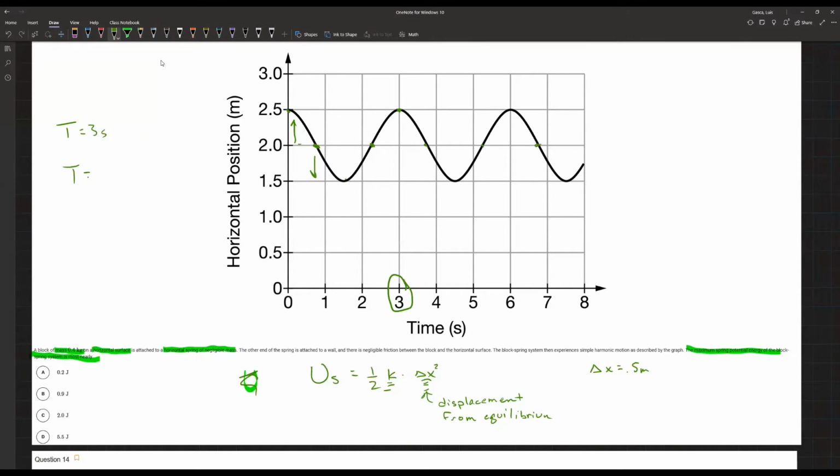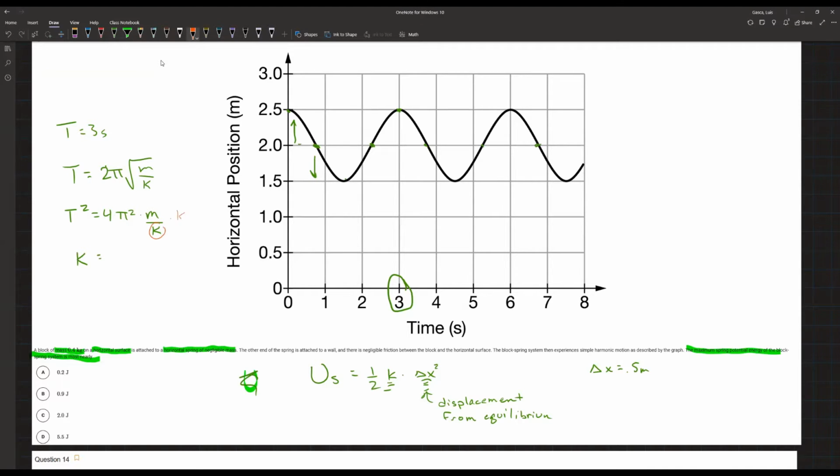And we know that the period of a spring-mass system is 2 pi square root of m over k. So we go ahead and do this. We get T squared is 4 pi squared m over k. And now we can get our spring constant. We're just swapping these two right here.